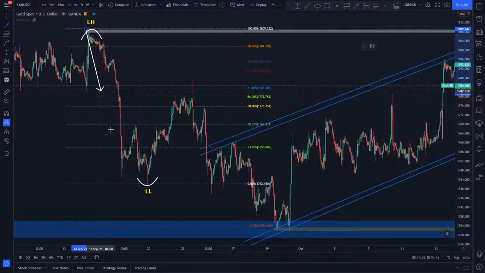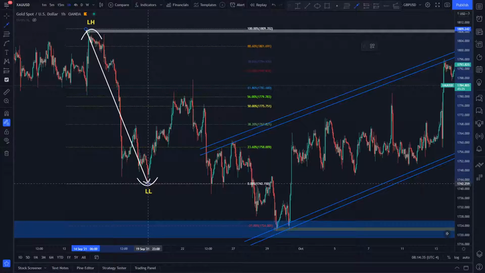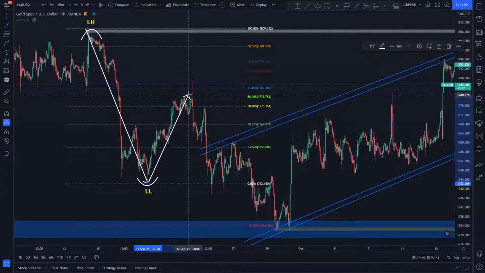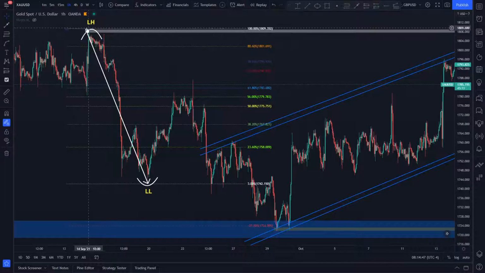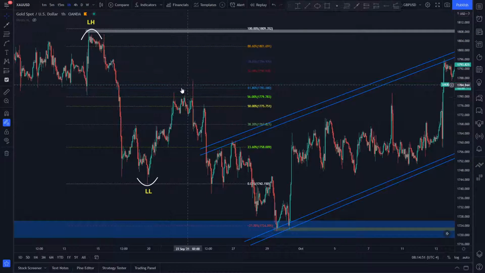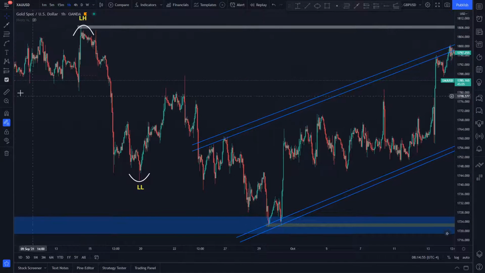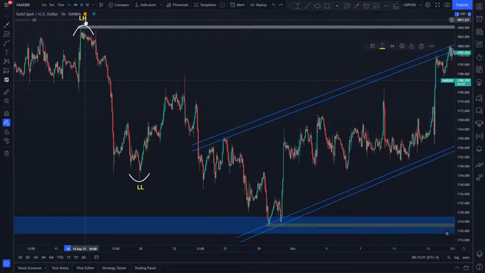Market came down, created a lower low, and we know in our heads that, okay, once we retrace to the 56 or whatever retracement, the 3 levels, this is where our next lower high is going to be, which is here, right? So we mark it up. So now we definitely know that this is a strong downtrend.